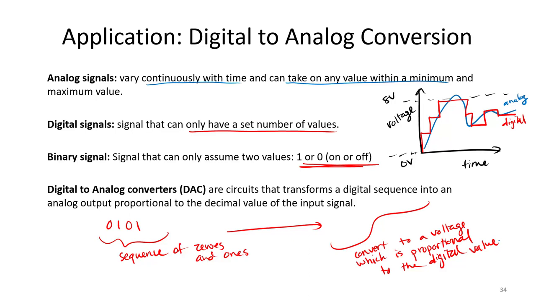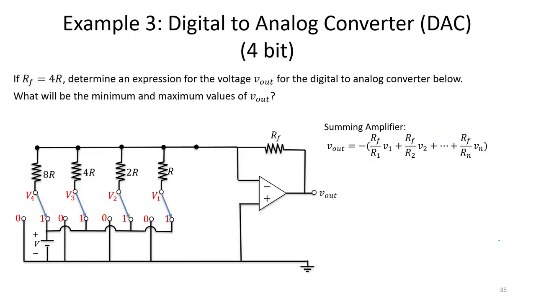This brings us to our last example for today, digital to analog conversion. And here we want to consider this 4-bit digital to analog converter. So in this case, we have 4 sets of zeros and ones with voltages V4, V3, V2, V1.